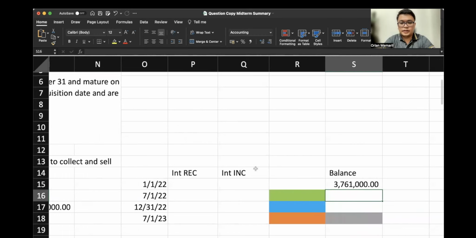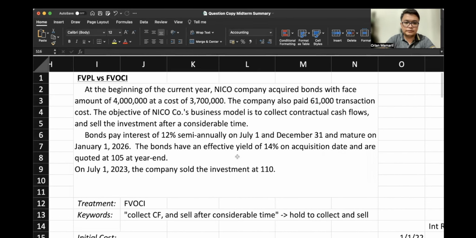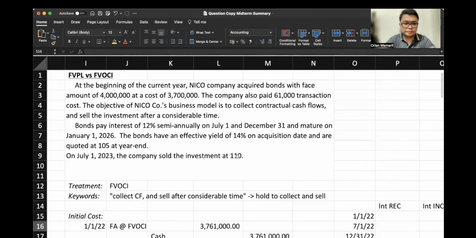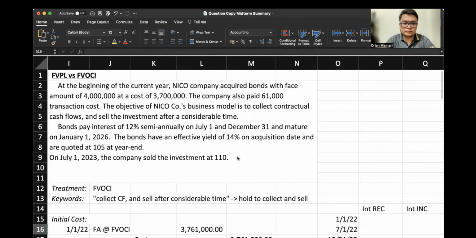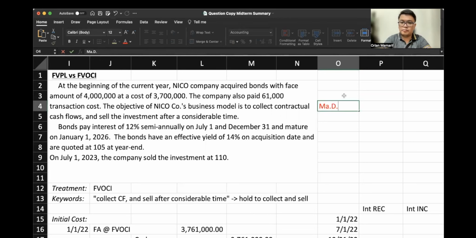Okay. And let's see here. Based on the data that we have here, our market rate is higher than our stated rate. And we have a mnemonic here. Put in your notes the statement called MAD cup.